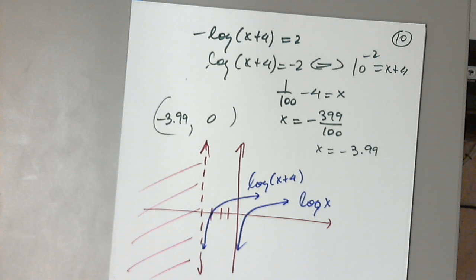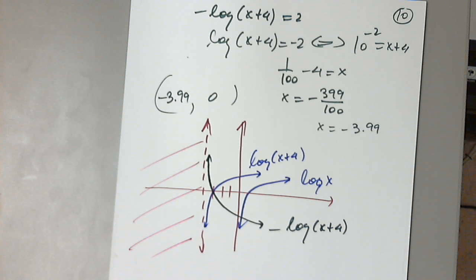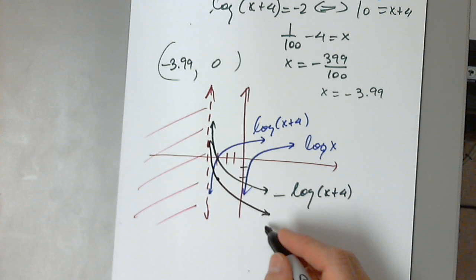Very good. Now, you told me to reflect it, so we're going to reflect it. Here's the reflected graph. Negative log x plus 4. And then we want down 2. So down 2 means that this point goes here. So here's the final graph. So this is negative log x plus 4 minus 2.